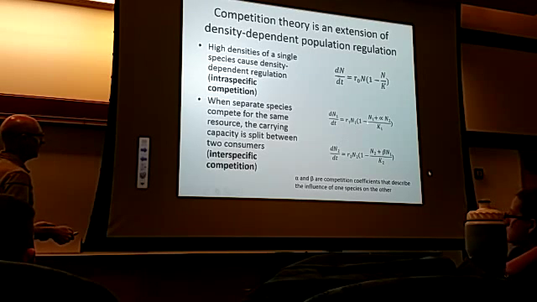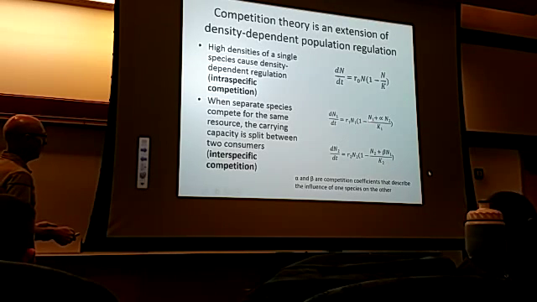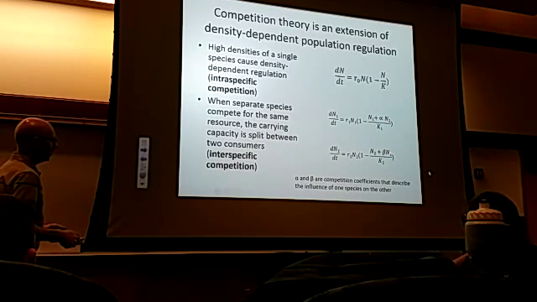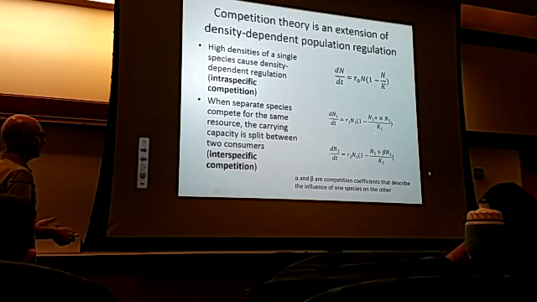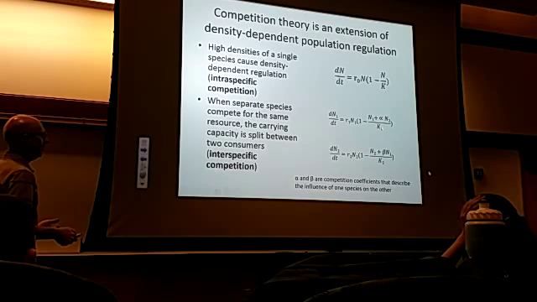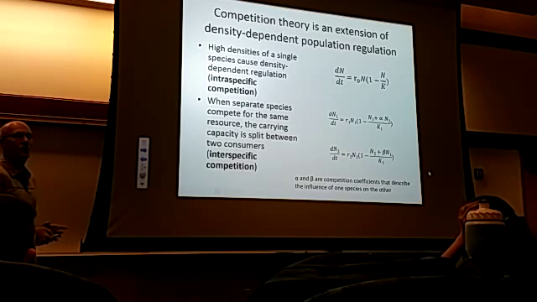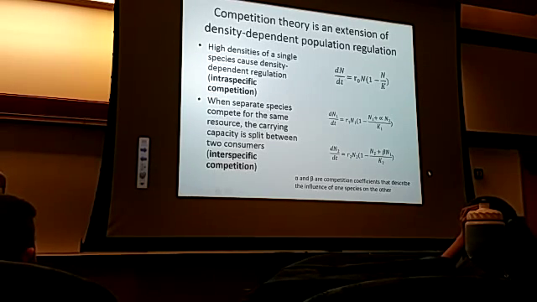So you'll notice that down here the notation is for having species 1 and species 2 in its population sizes, and species 1 and species 2 in its population sizes. But notice that we've added another term here, which is alpha and beta, and those are the competition coefficients that say something about how strong the effect of competition is of one species on the other.